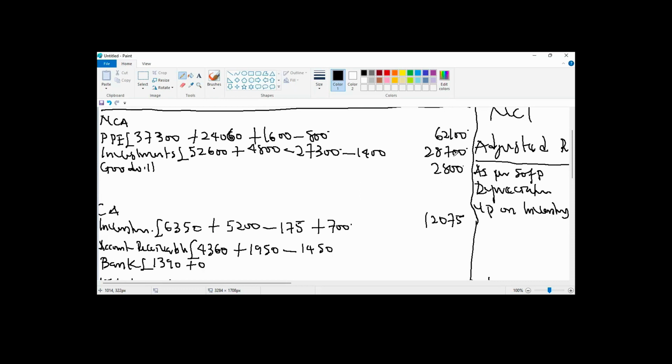Trade receivable: 4,360 plus 1,950 minus 1,450, 48,60, 1,390. That is the end for the total assets.